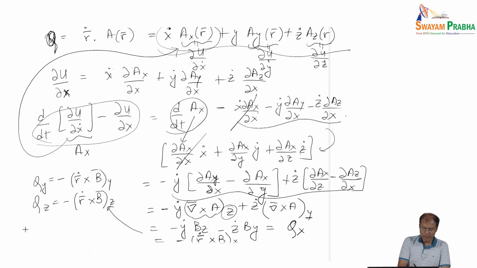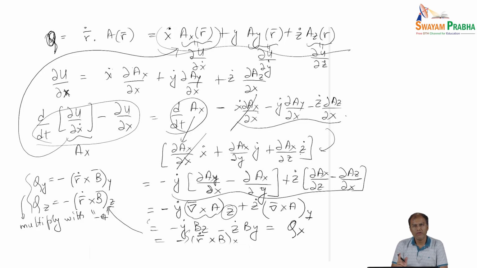And now when we multiply all these three quantities, qx, qy, qz, with minus e, we get the so-called velocity potential, right?